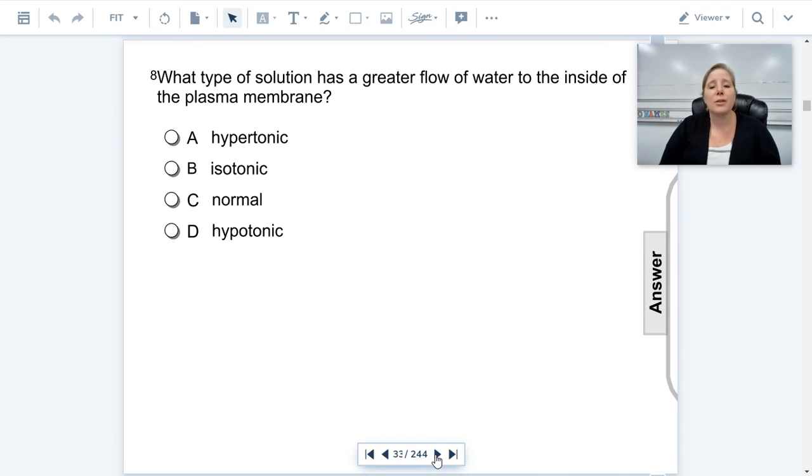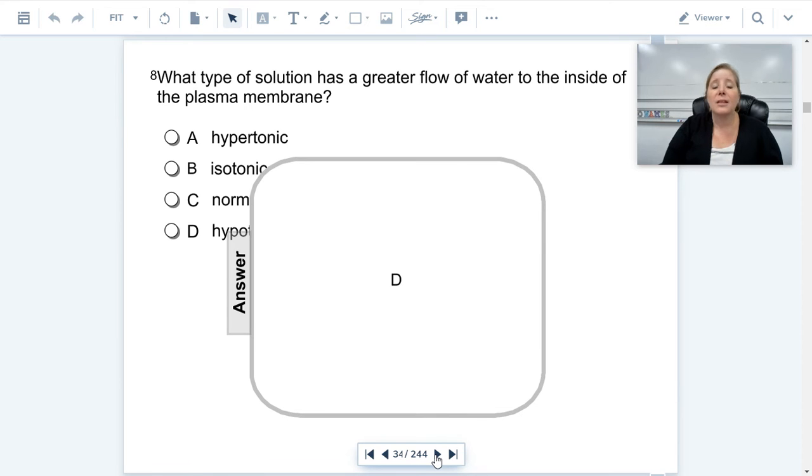What type of solute has a greater flow of water to the inside of the plasma membrane? So hypertonic, isotonic, normal, or hypotonic? Get your answer. It is going to be hypotonic. So now there's way more solutes inside the cell, so water is really flowing in to dilute it.